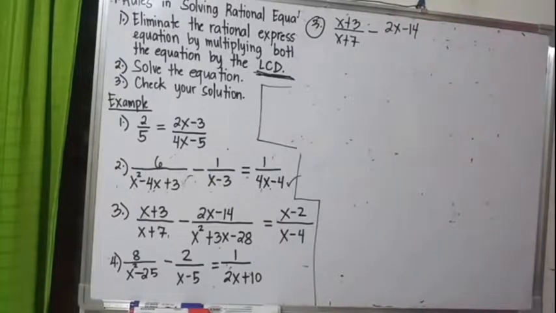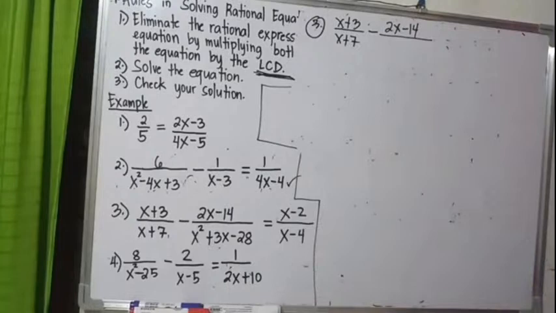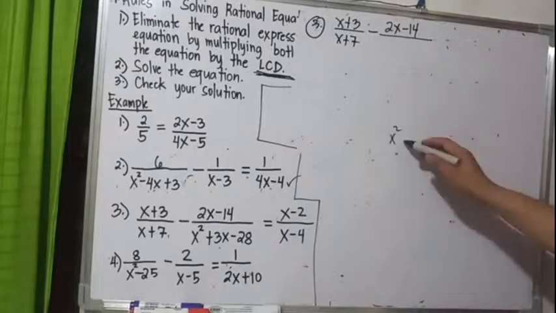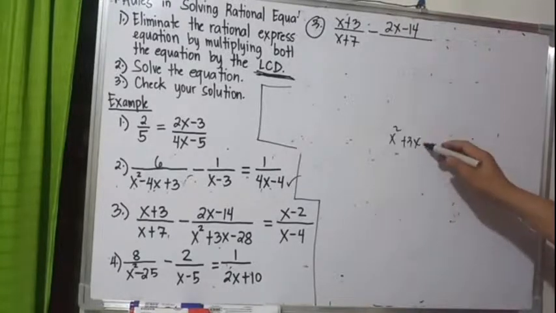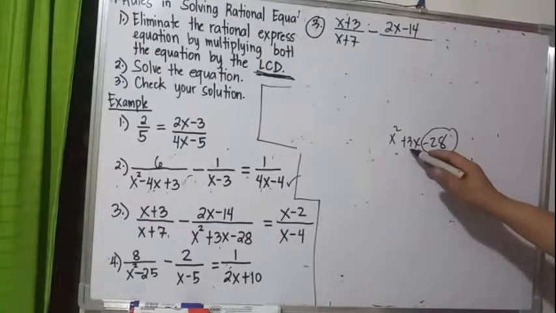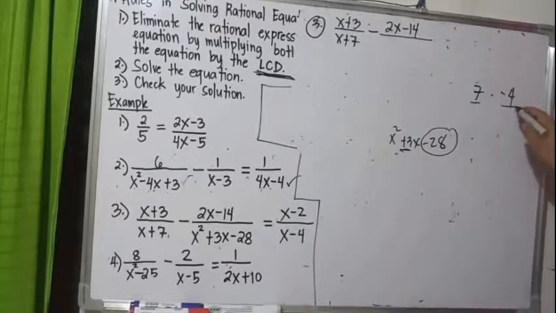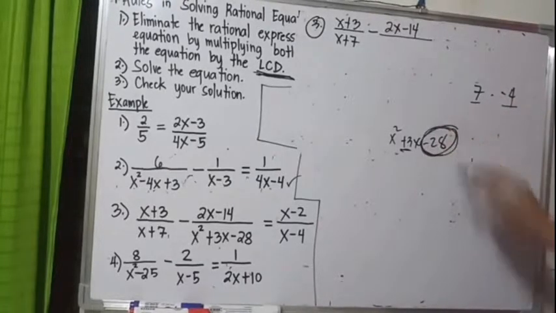Factor of x squared plus 3x minus 28. So what are the two numbers that if you multiply, the result is negative 28, and if you add the two numbers, the result is positive 3? Okay, very good. That is 7 and negative 4. Because if we multiply 7 times negative 4, the result is negative 28.